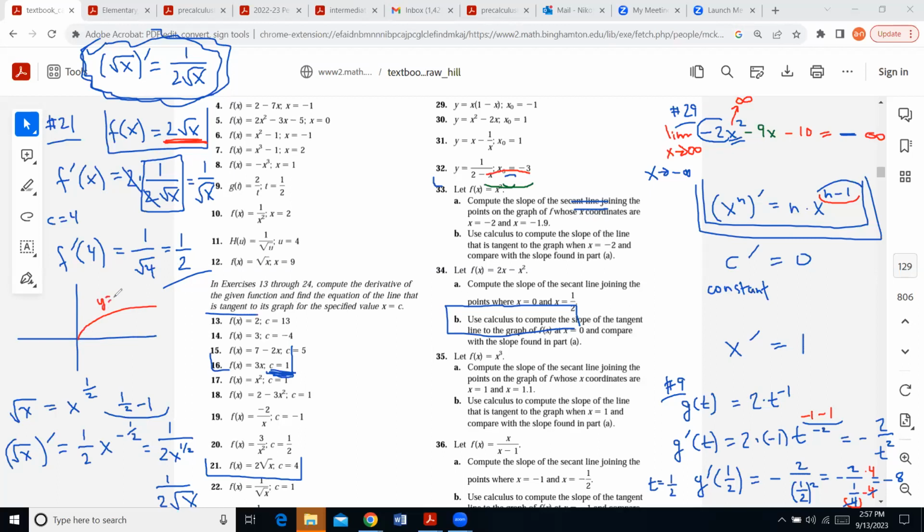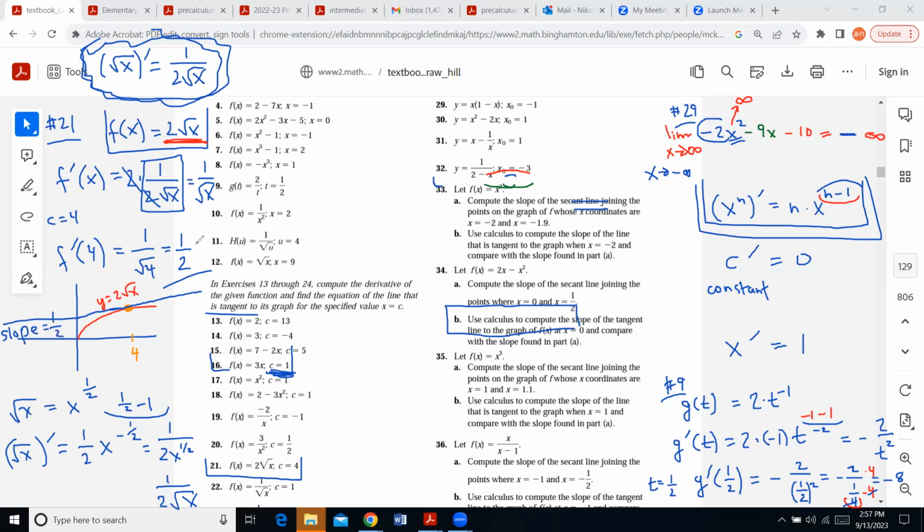Then at point x equal to 4, someplace here, we can find the tangent line to this function. Tangent line is a line that touches our graph. So the slope of that line is positive, right? And we just found it is equal to 1/2.